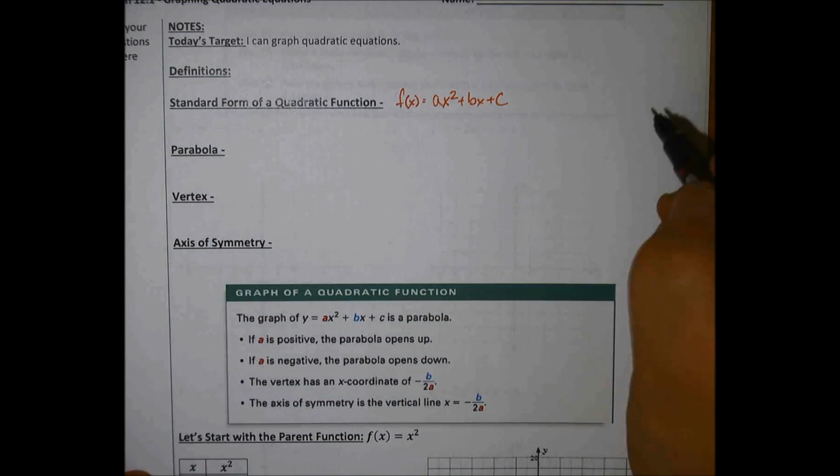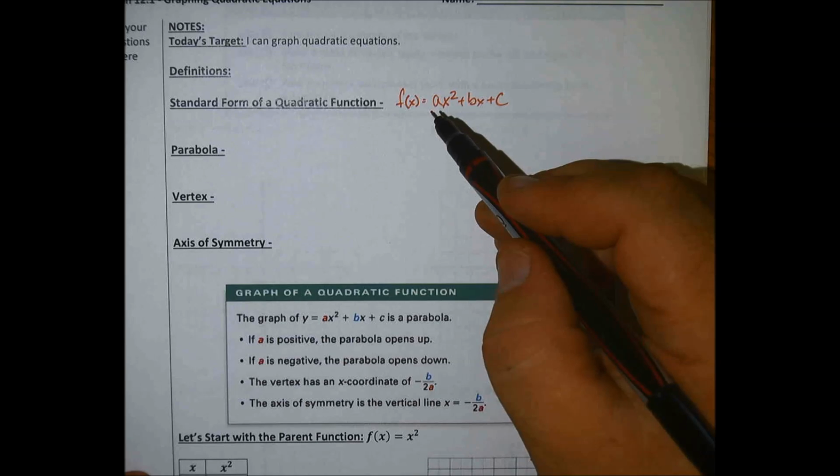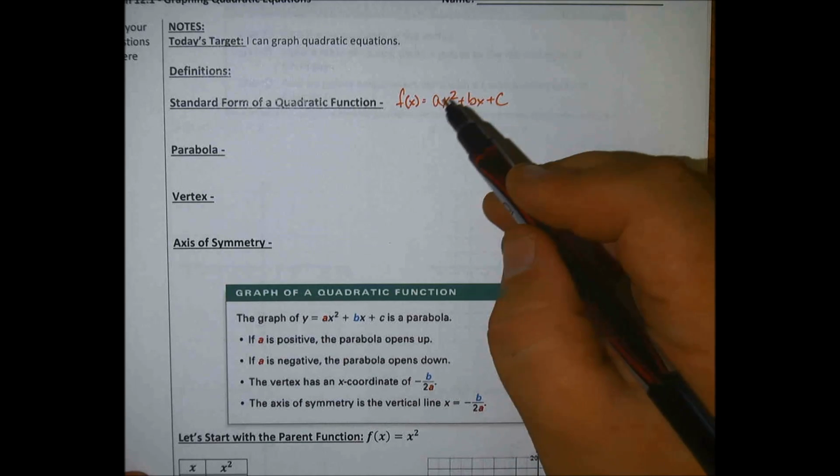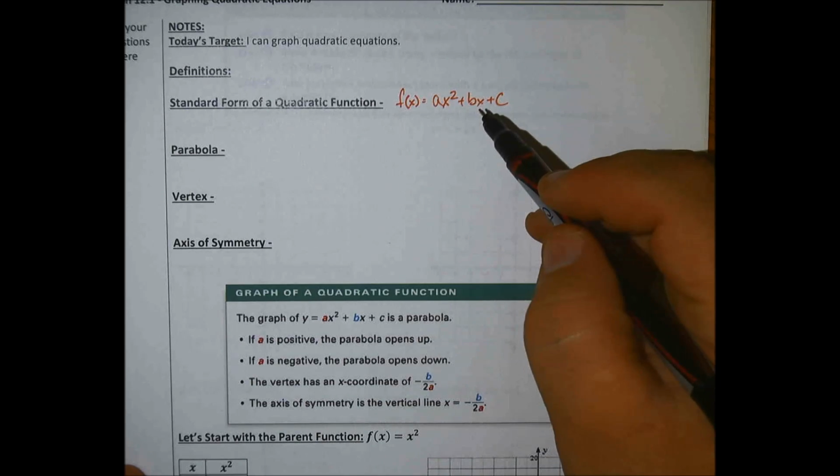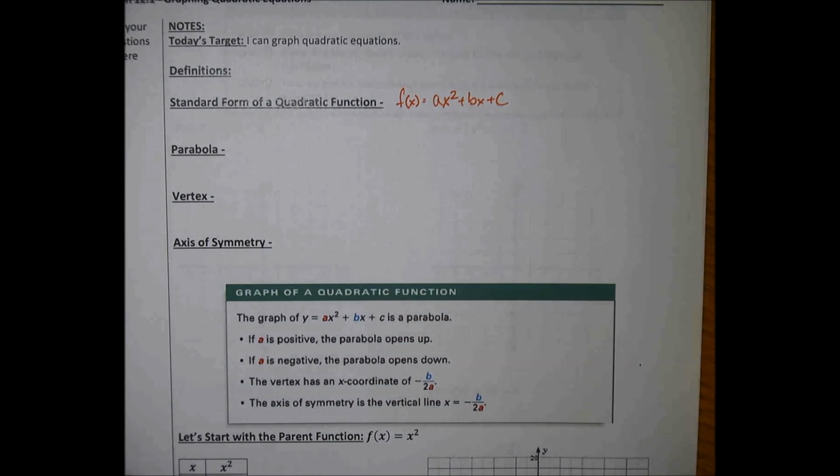All right, the only stipulation that we have is that a cannot be 0 because we do need an x squared term for this to even be quadratic. But you don't have to have a bx term and you don't have to have a c term. But most of the ones that we'll work with today will have those.